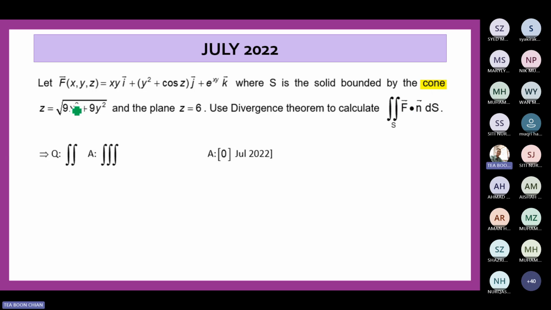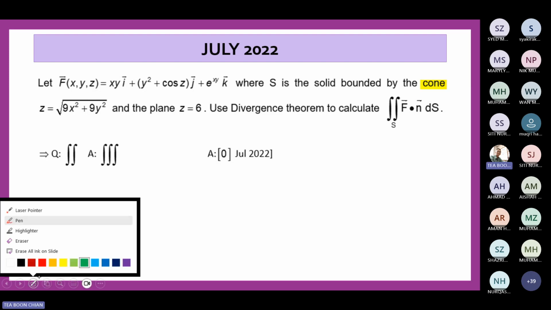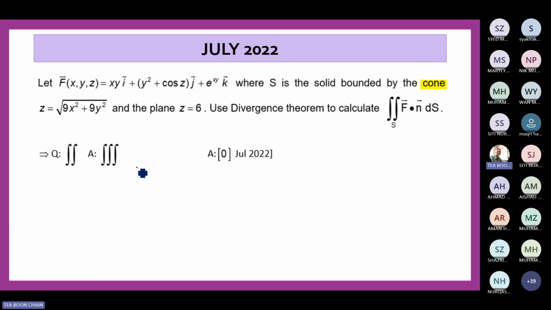Cone has an equation of a circle. You can see it, x squared plus y squared. And therefore, for cone equation, we will use the cylindrical coordinate system. Now, the question asks us to use the divergence theorem. This is to say that for the double integral of F dot n, this is the instruction, and therefore we will set up the triple integral.